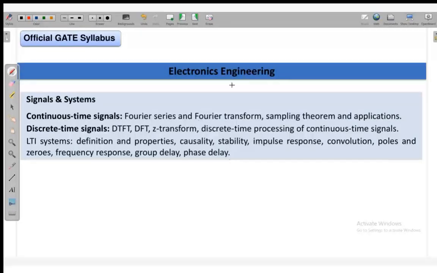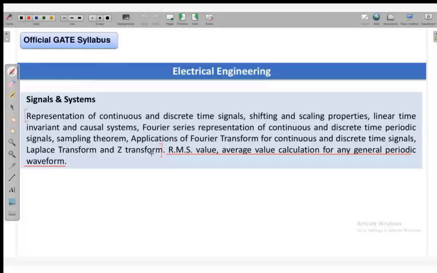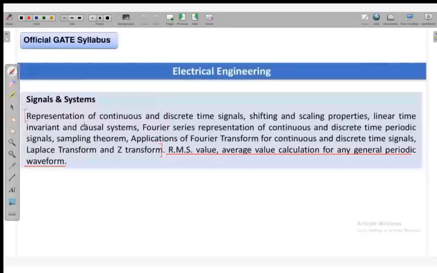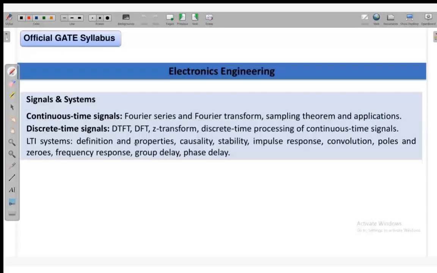So you can see that there is a slight difference in the syllabus of electrical and electronics. But to understand these topics, Fourier series and Fourier transform, DTFT like that, we have to start from the basics, which is even not mentioned in your electronic syllabus, but it is by default there, and the question comes from those topics as well. So we will start from the signal.